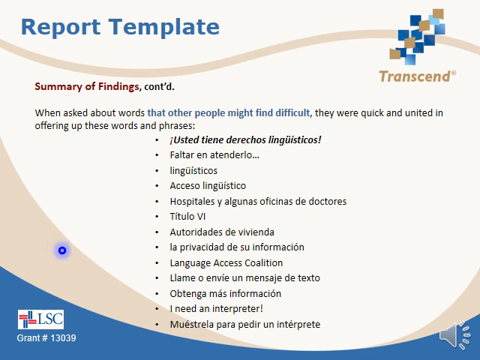Well, one of the things that really came up as a big problem in this particular flyer was that Language Access Coalition were big, seemingly potentially important words, but they didn't know what it meant, weren't sure why it was there, and it really prevented the comprehension of what they were supposed to do.